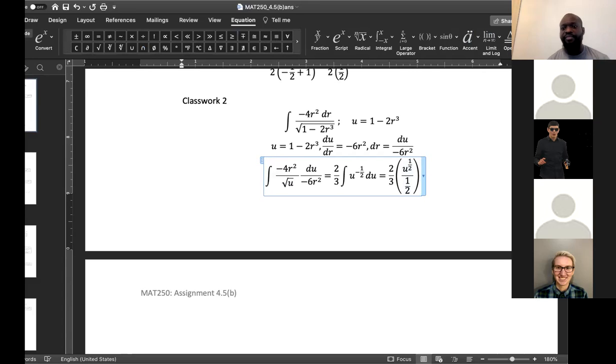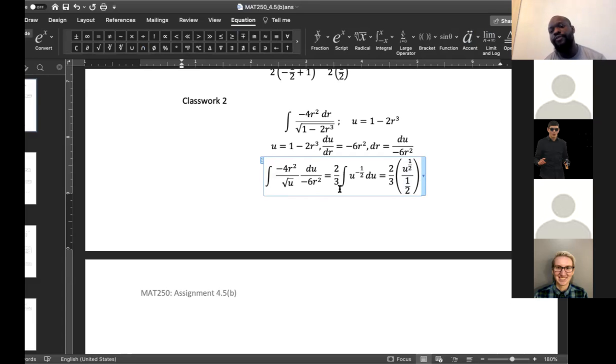So dividing by half means multiplying by, how did I get 2 over 3? 4 divided by 6, negative 4 divided by negative 6. 2 over 3, r squared cancels r squared, so I have only u to the half left du. When this u comes up, it becomes negative half. Is that clear?